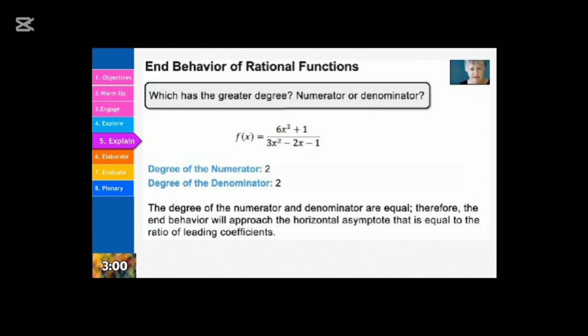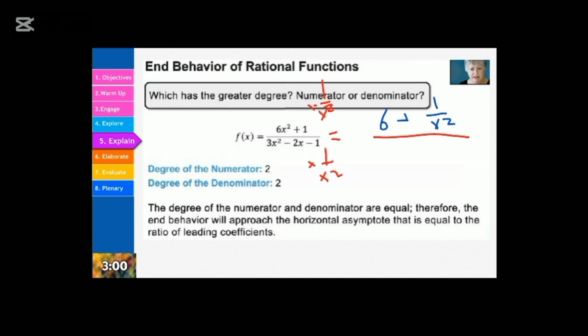You can multiply by 1 over x to the biggest power, which is 2, up and down. So when I multiply by 1 over x power 2 up and down, here you take 6x power 2 multiplied by 1 over x power 2, it gives you 6, plus 1 multiplied by 1 over x power 2, it will be 1 over x power 2.